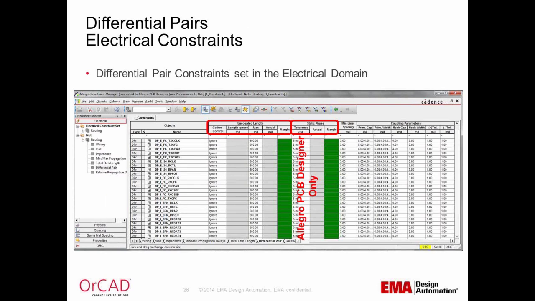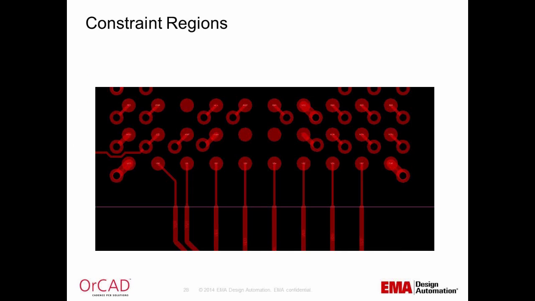Before routing, we need to set up a constraint region around our BGA. This constraint region will have similar line width or smaller line widths and spacing constraints associated with it. This means that when the routes cross the region boundary, they will automatically change to meet the assigned constraint.